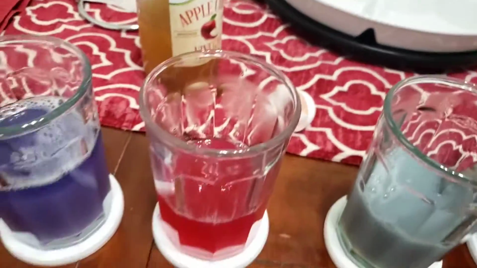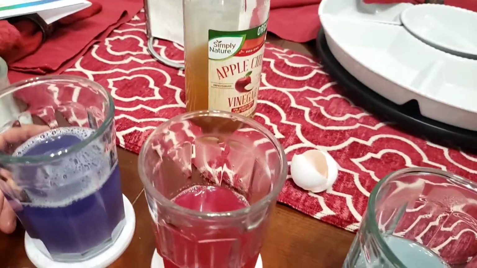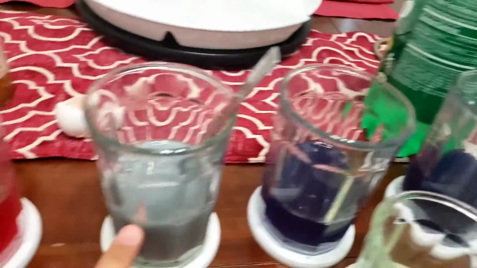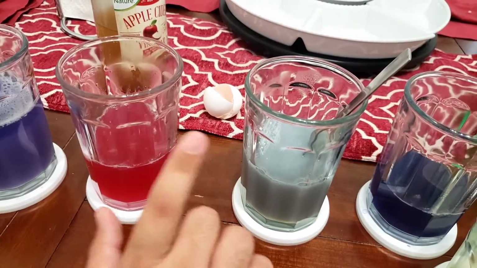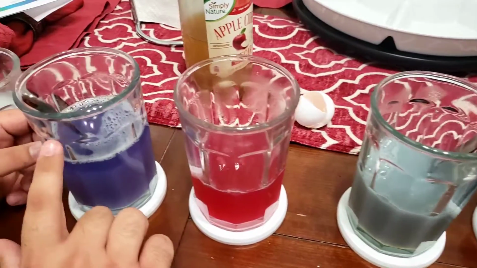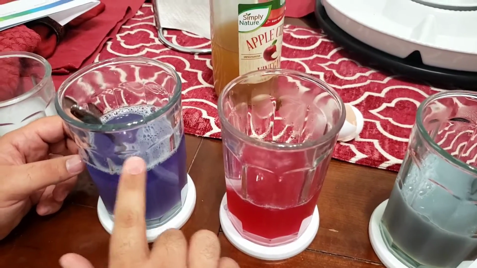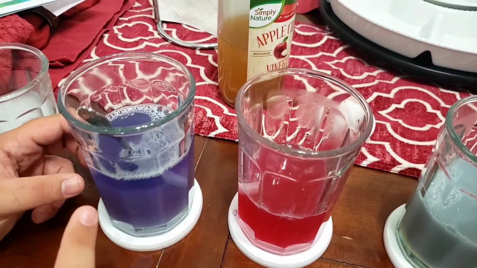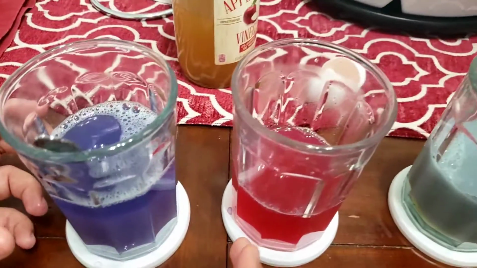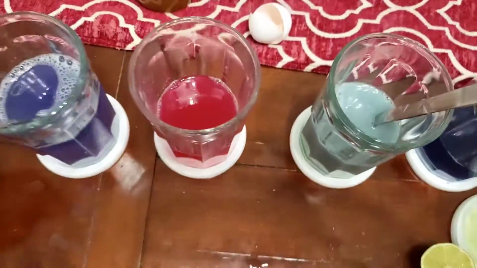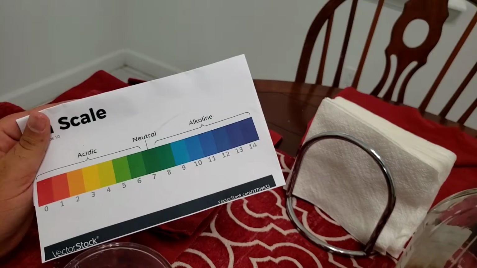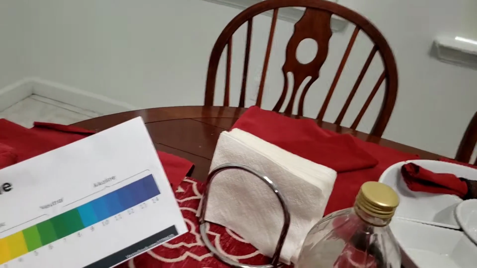Obviously, you can notice the major differences from lighter purplish blue color to neon pink lemonade color to a murky blue color. The reason for this is that this one is more on the alkaline side of things, so it has an increase of hydroxide concentration and a decrease in hydrogen ions, which tells you that it's very alkaline, far from neutral, because 7 is supposed to be the neutral number, which is water.